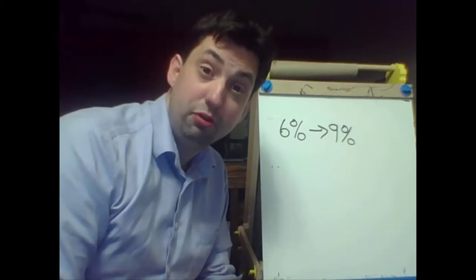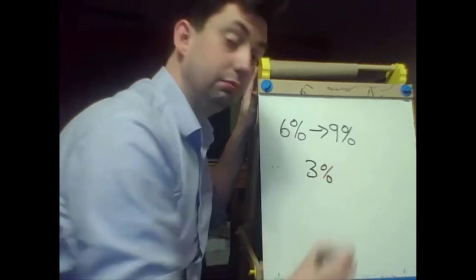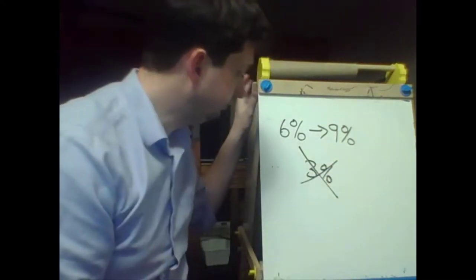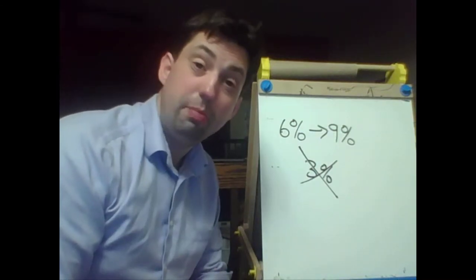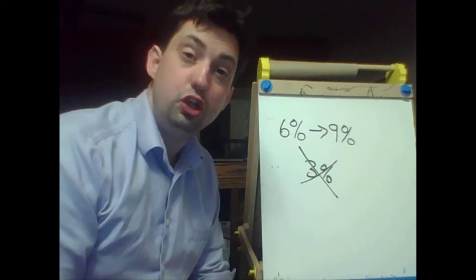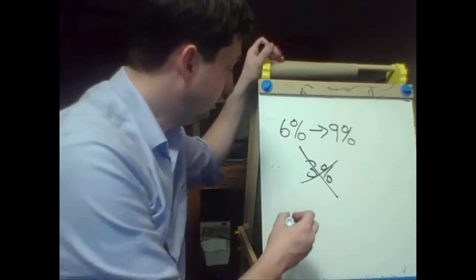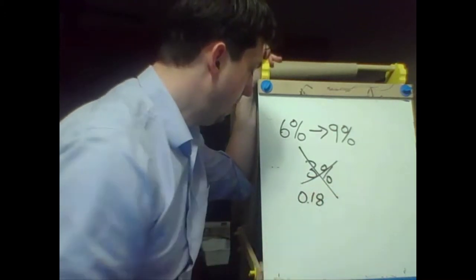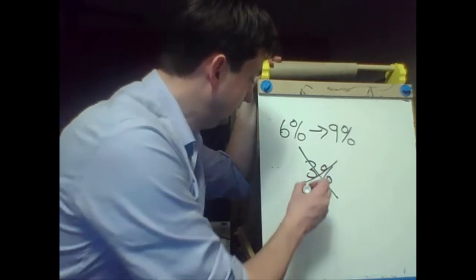If you said 3%, you are wrong. It was not a 3% increase. A 3% increase means you take 6% times 0.03 to get 0.18, and then you would add it to 6.